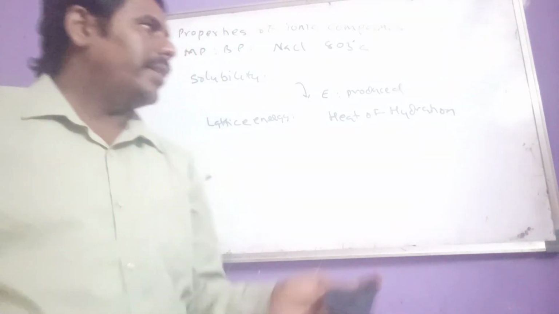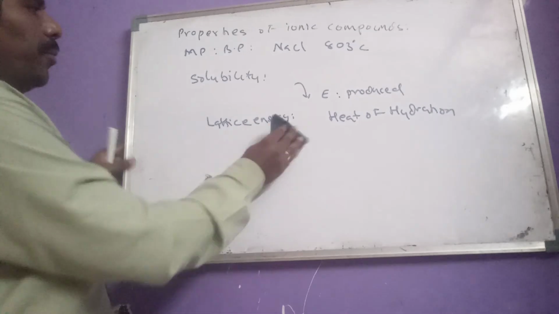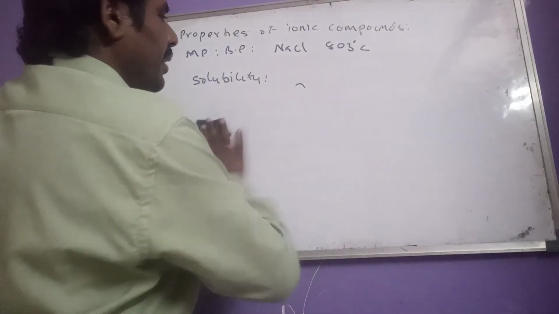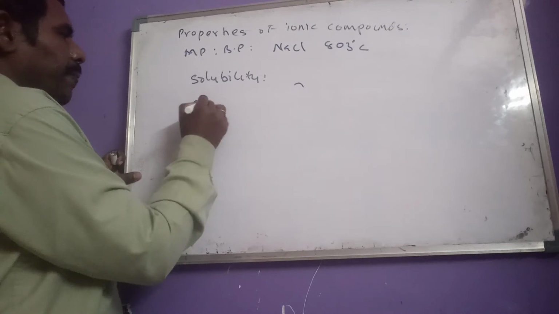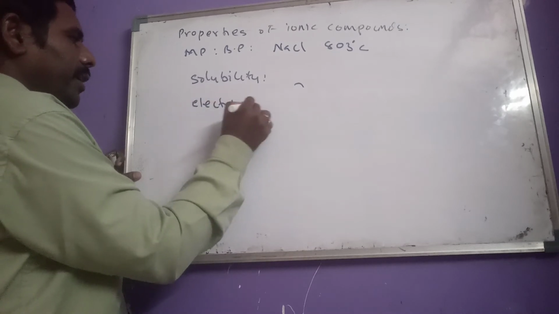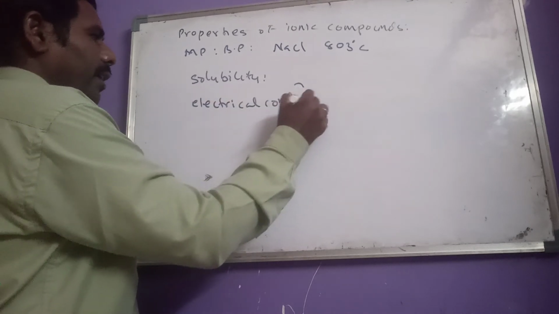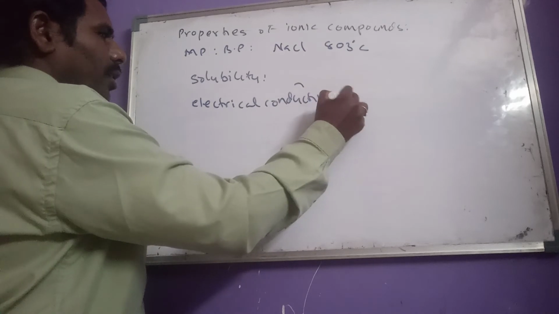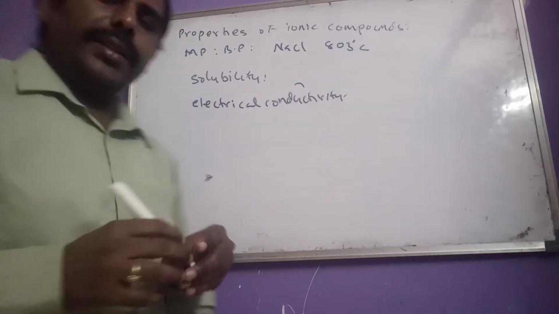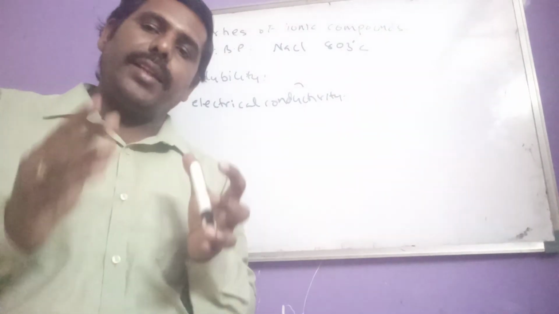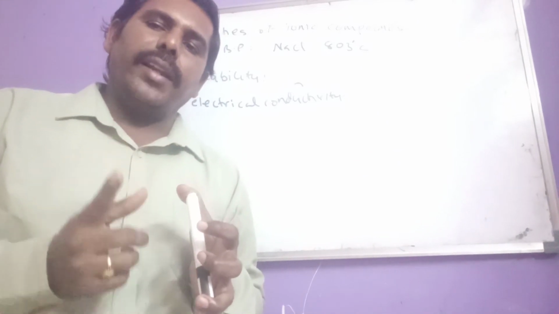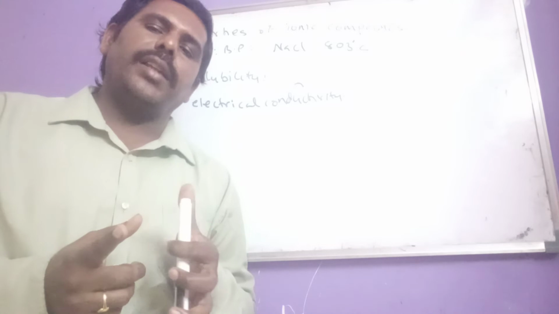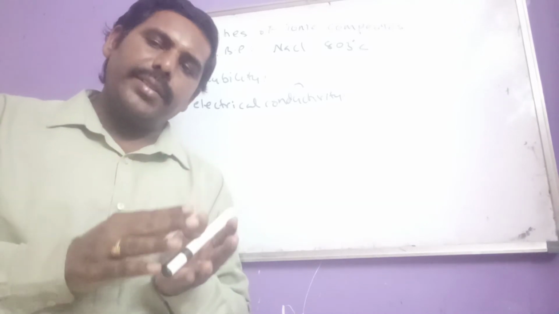Okay, then this is regarding solubility. And after that, electrical conductivity. This is a somewhat important property related to ionic compounds. Ionic compounds act as electrical conductors, but only in aqueous solution state or in molten state.